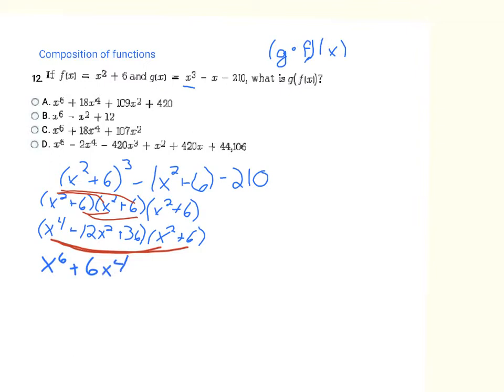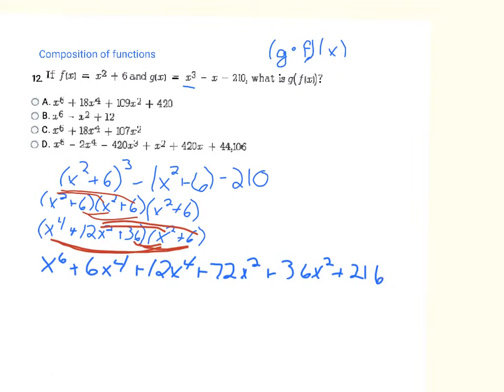And then I have to take the plus 12x squared times both of those. So that's going to be plus 12x to the 4th plus 72x squared. And then I take 36 times both, and that's going to give me plus 36x squared plus 216.